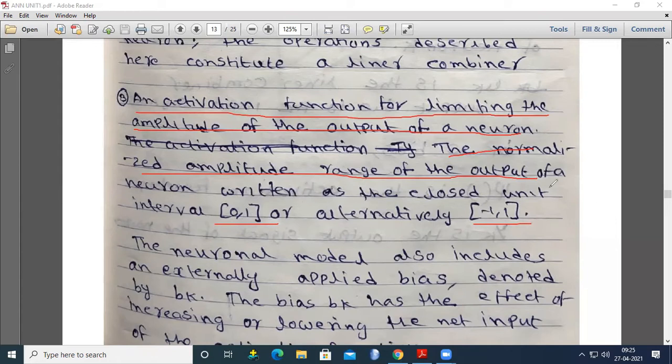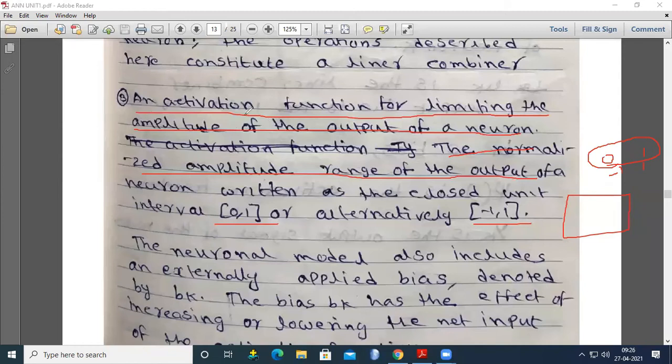So by using these activation functions, we need some nonlinear output. That nonlinear output we can identify with these closed unit intervals, either 0 or 1, or -1, 1. In between these you are going to get the values.